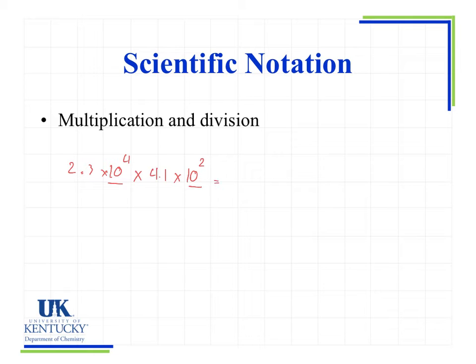So you will have 2.3 times 4.1. And these two, so you have 4 and 2, so you can add them together, and then you have 10 to the 6. And then you can multiply these two. Well, I don't have my calculator with me, but you can find the answer.